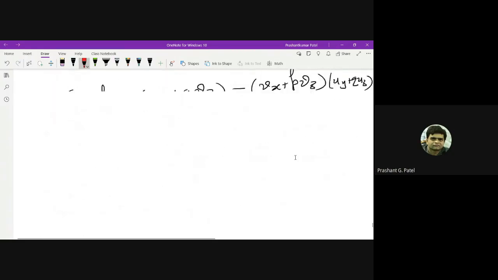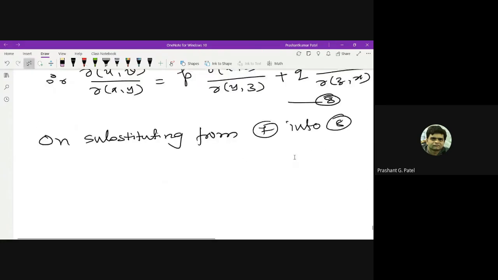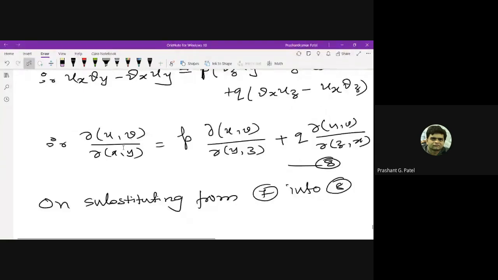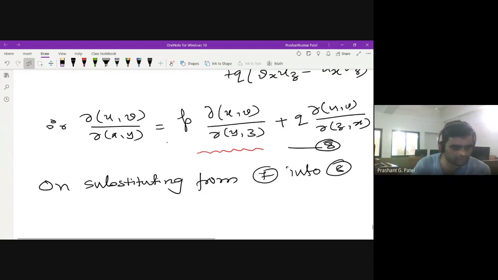So if you put those values into equation number 8, then you will have small p into capital P, this value is nothing but k into r. This will be the second one, you will have k into p into capital P, and the last one is k into q into capital Q, and k gets cancelled from both sides, so that will lead to this.